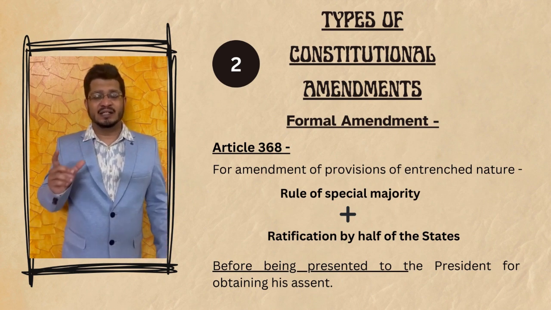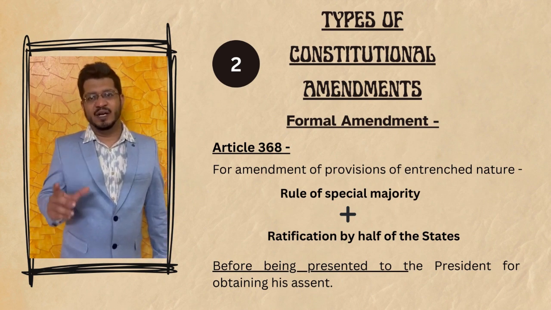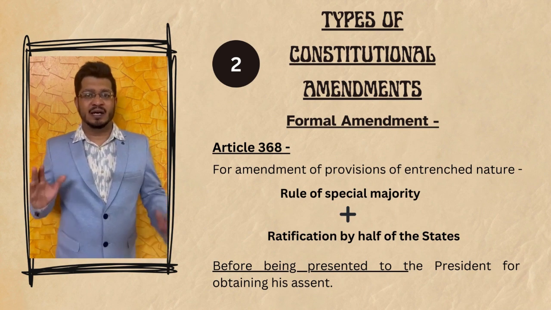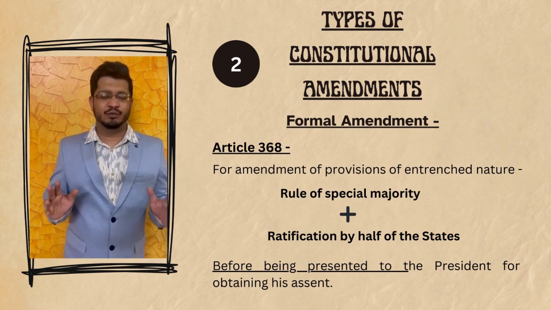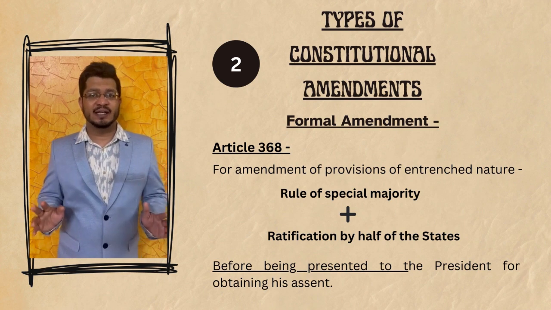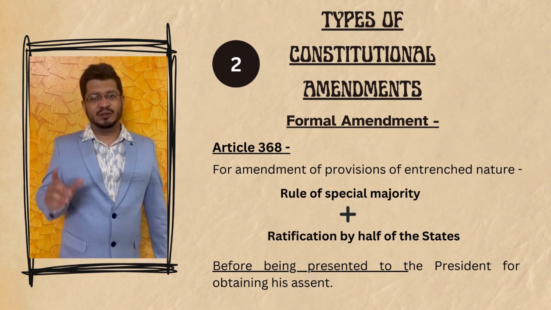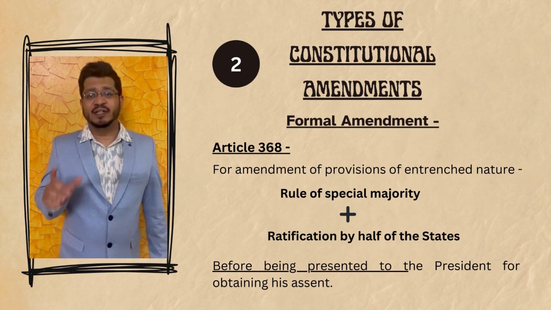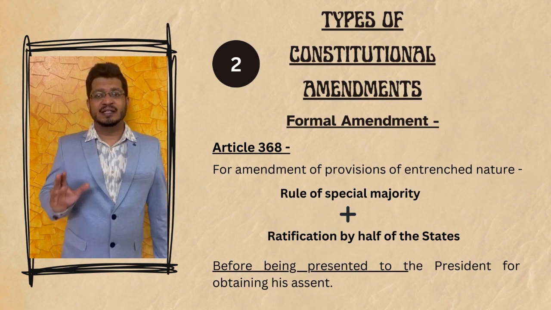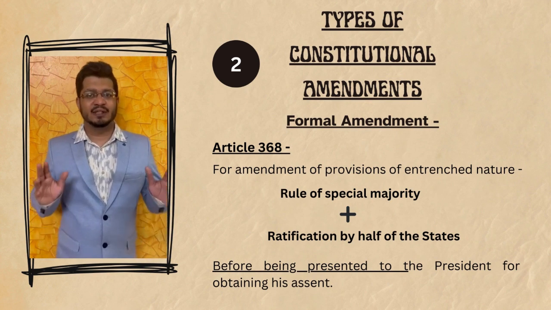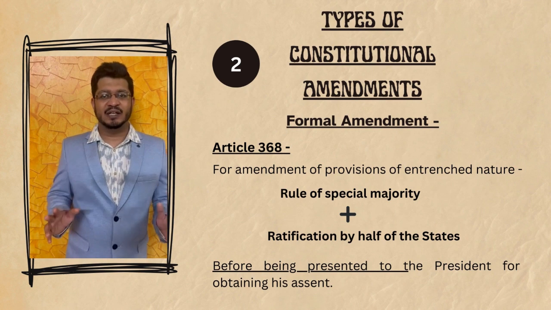Only then can a constitutional amendment bill which seeks to amend entrenched provisions be presented before the President for obtaining his assent. This procedure has been described in the proviso to Article 368 and compliance with this procedure is compulsory for the Parliament.